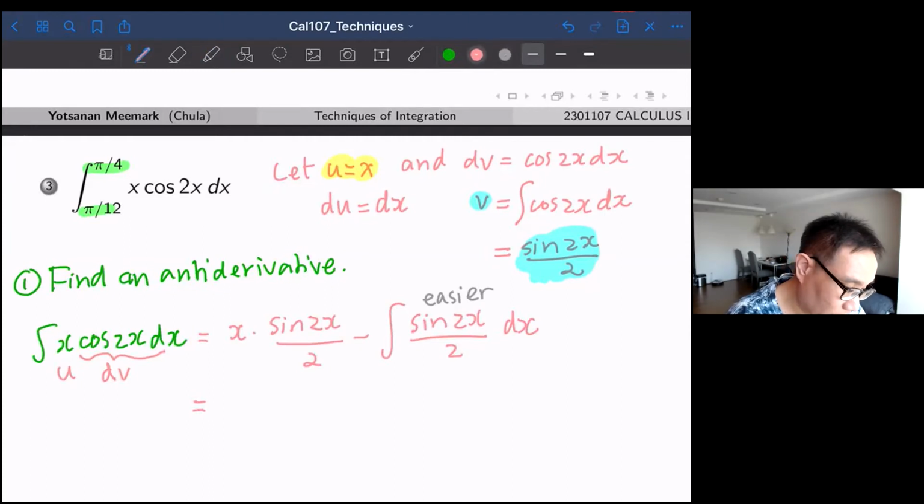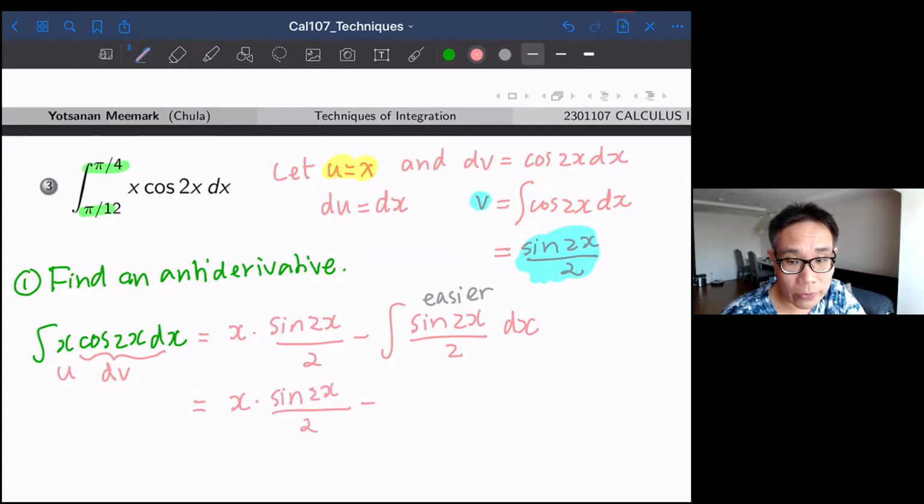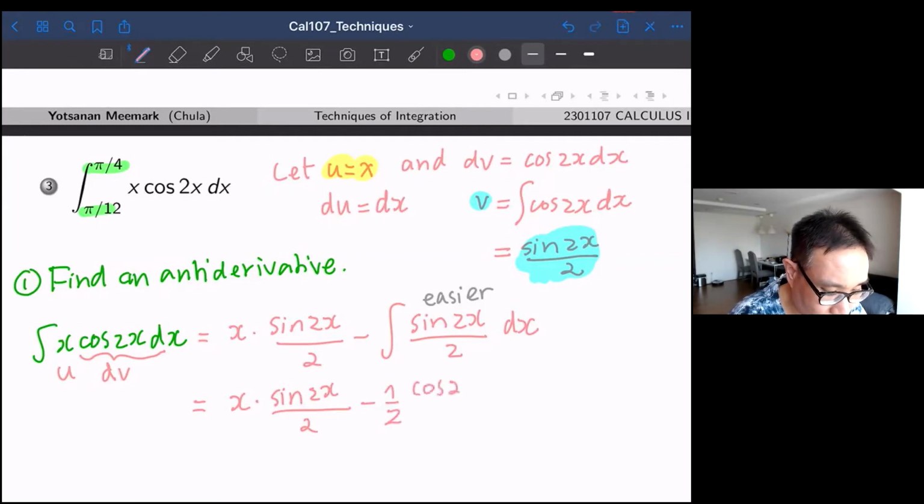You get x sin 2x over 2, and integrate sin 2x, so this is going to be 1/2, and integrating sin 2x you get cos 2x over 2.